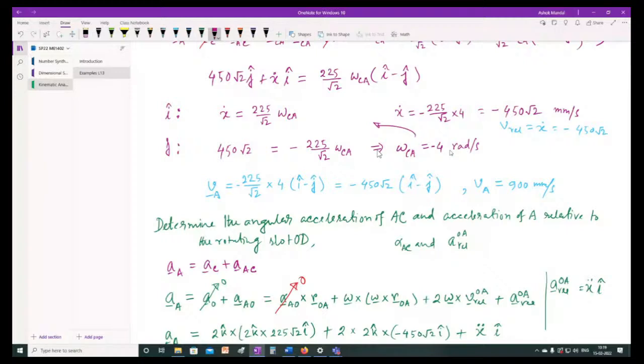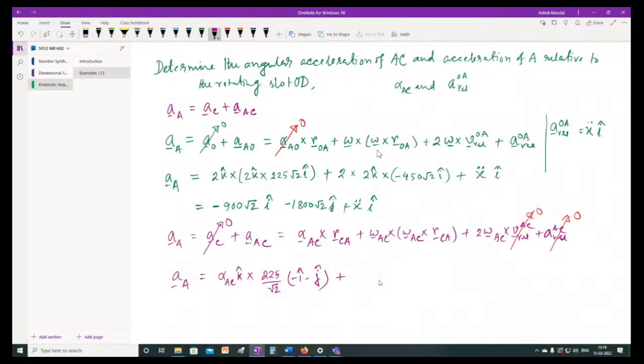Omega AC is minus 4K. So this is minus 4K cross multiplied with minus 4K cross RCA, which is 225 by root 2 (I minus j). Done?